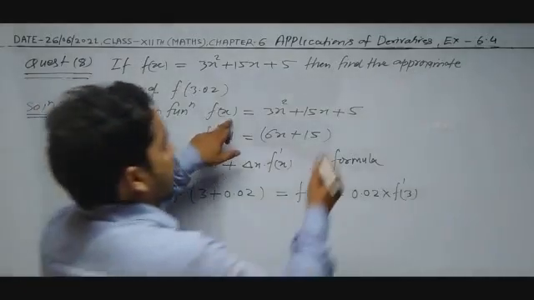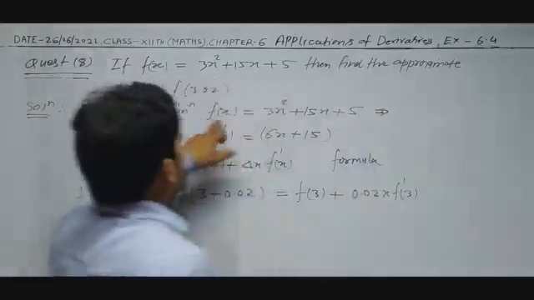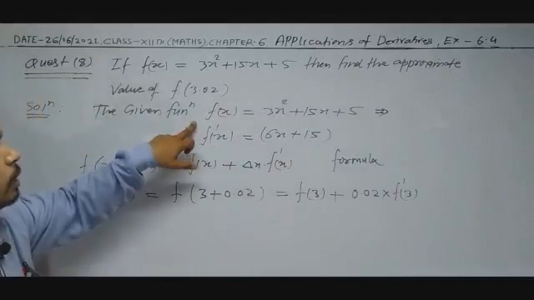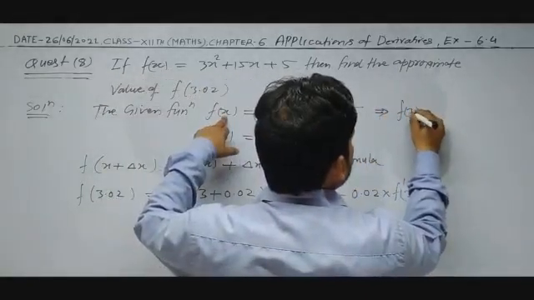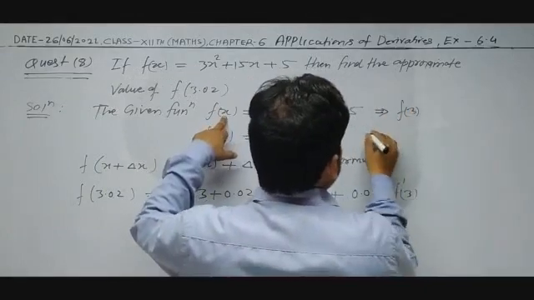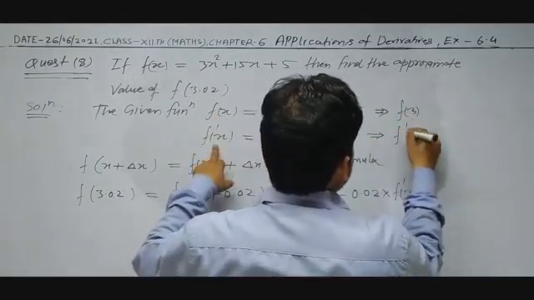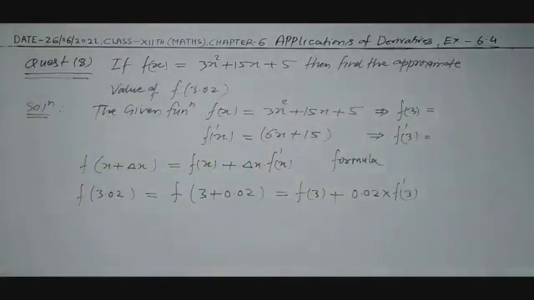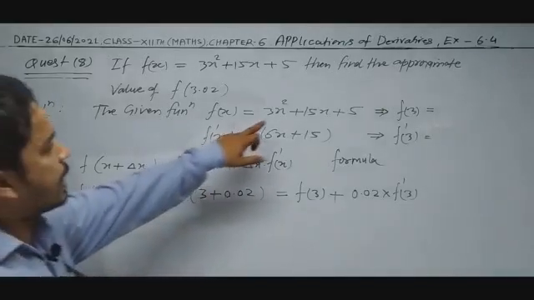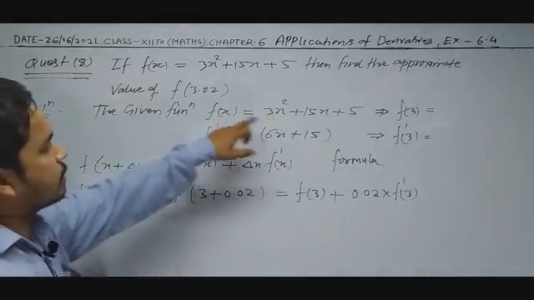So from this expression you can find out f3, and from this you can find out f dash 3. So what will be the f3 result? When you put x is equal to 3, then you will get f3.